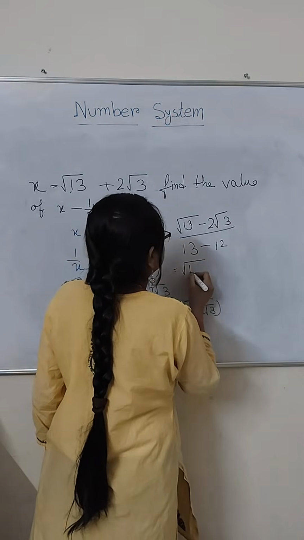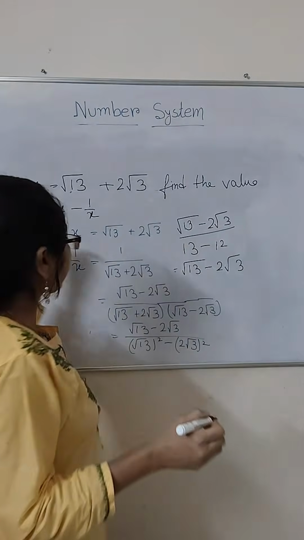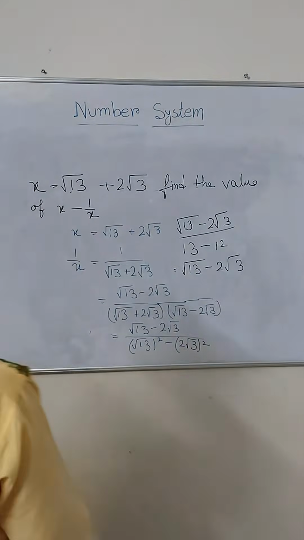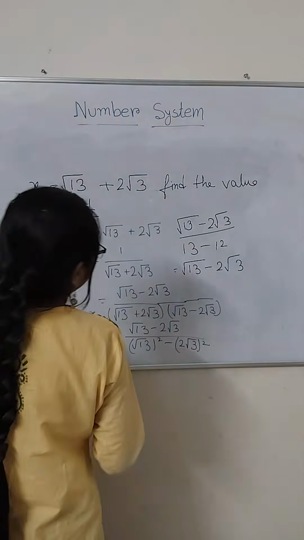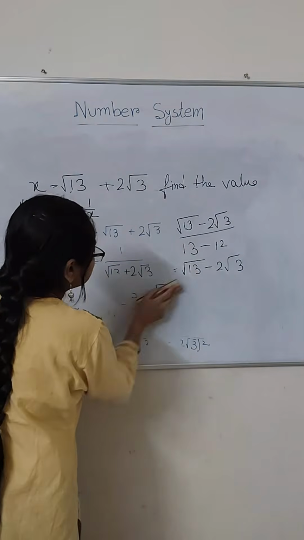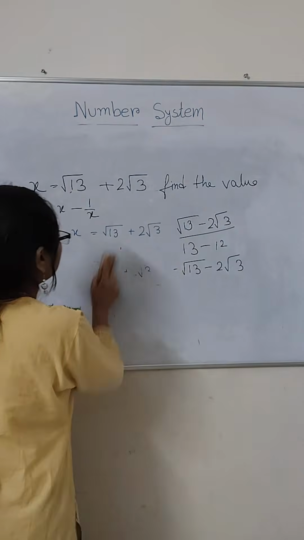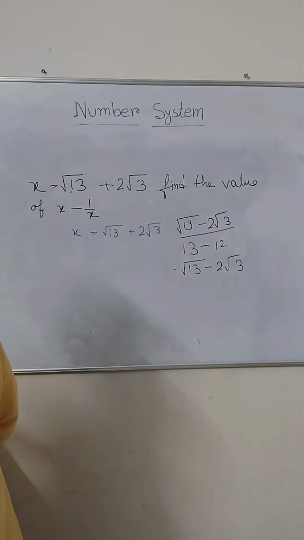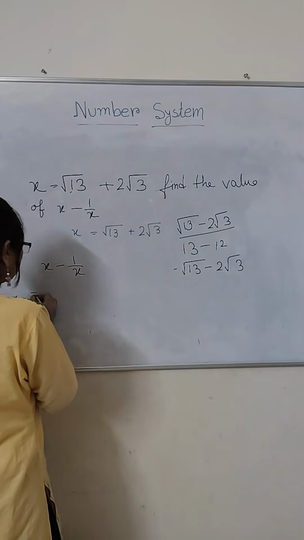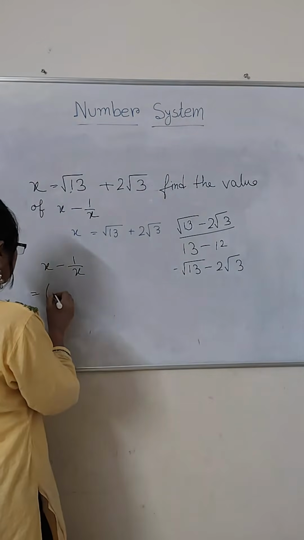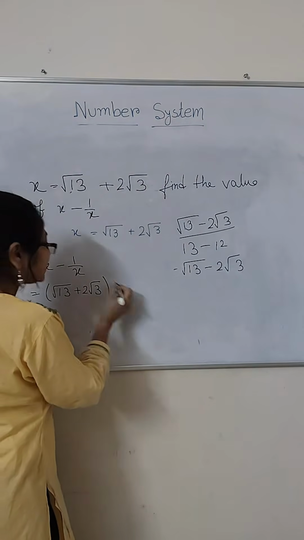The result is root 13 minus 2 root 3. Now I have found the value of x and 1 by x. Now what am I doing? Now look at what they want. What's the question? The question is find out the value of x minus 1 by x. So put the value of x. x means root 13 plus 2 root 3 and minus sign.